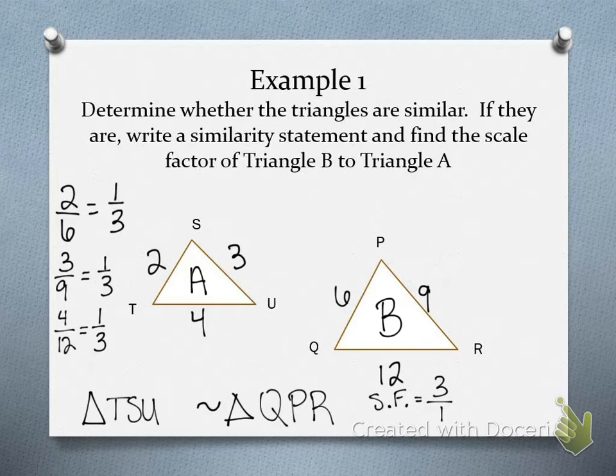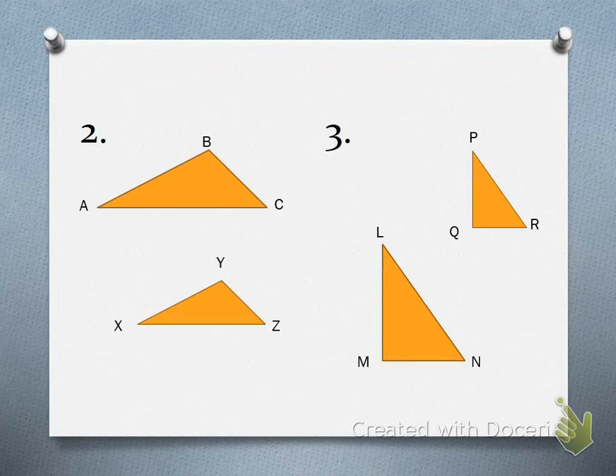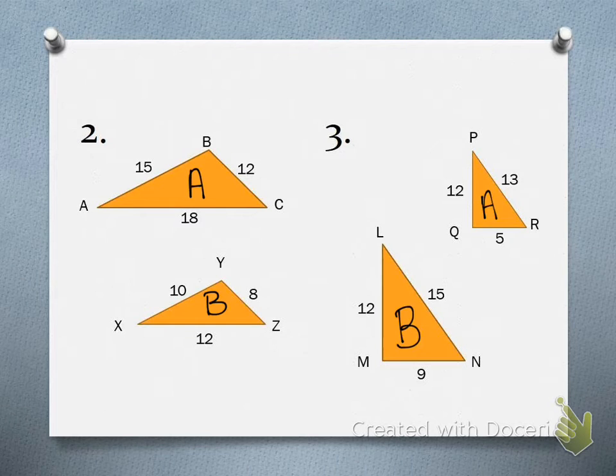Questions about example 1? Okay. We've got the same kind of directions. Did anybody make a decision about number 2, whether those are similar? Lexi, what do you think? Lexi says they are similar. Who agrees with Lexi?